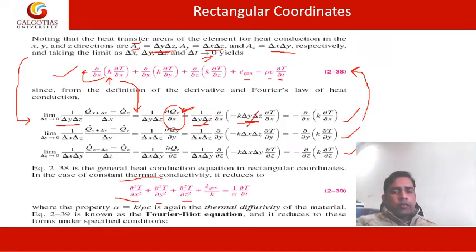After dividing this equation by k, we will get e_gen/k, and then this term (1/α) ∂T/∂t, where α is the thermal diffusivity, as we have earlier discussed, equal to k/ρC_p. As you can see here, it is also written α equal to k/ρC_p. This equation is also known as the Fourier-Biot equation.